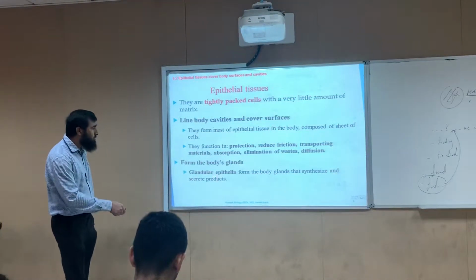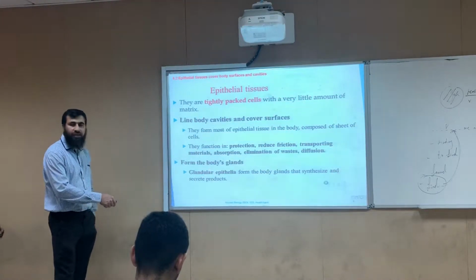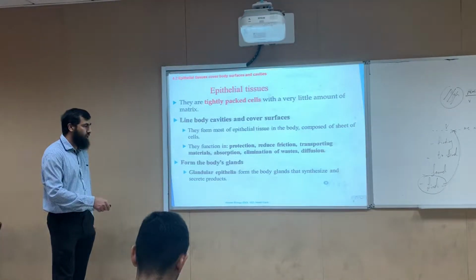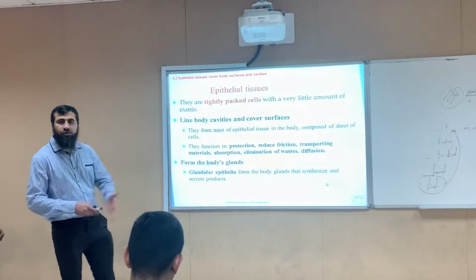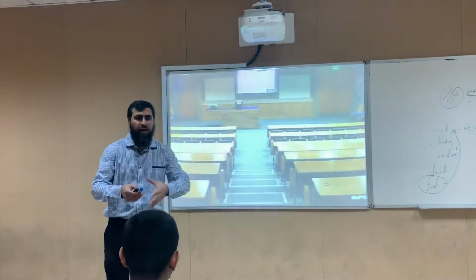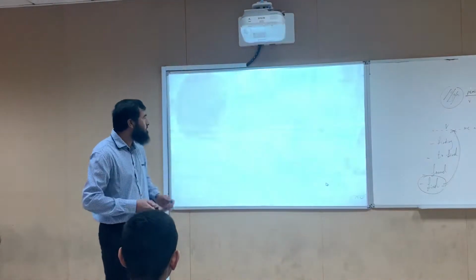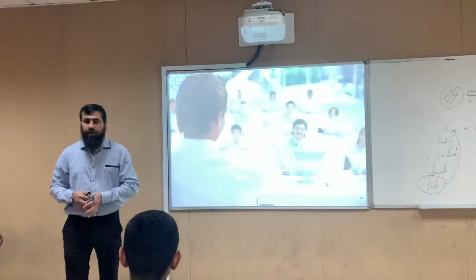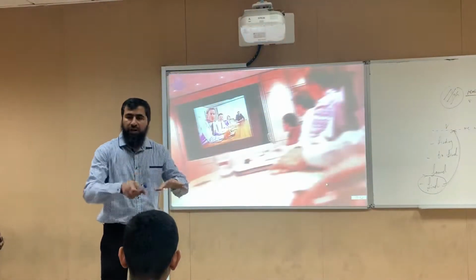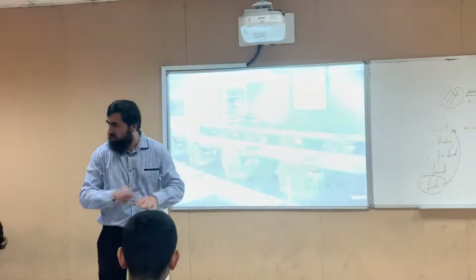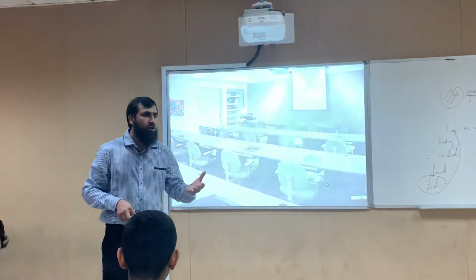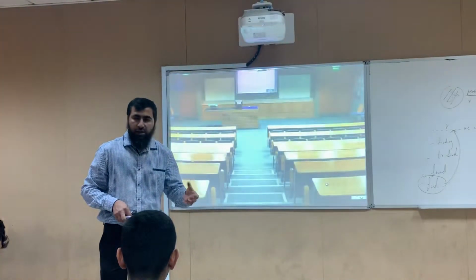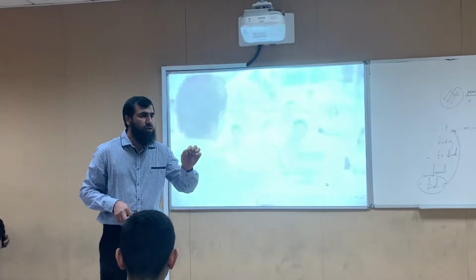And then we said we can find epithelial tissue that makes the glands, the endocrine and exocrine glands, okay? Exocrine glands produce products which are secreted out of the gland into body cavities or surfaces. Or you have the endocrine gland, which secretes hormones into the blood.